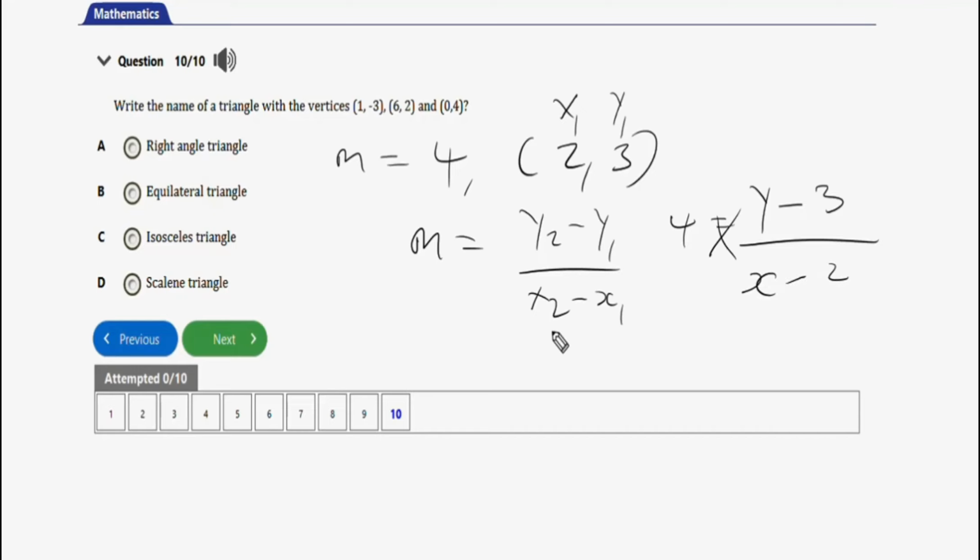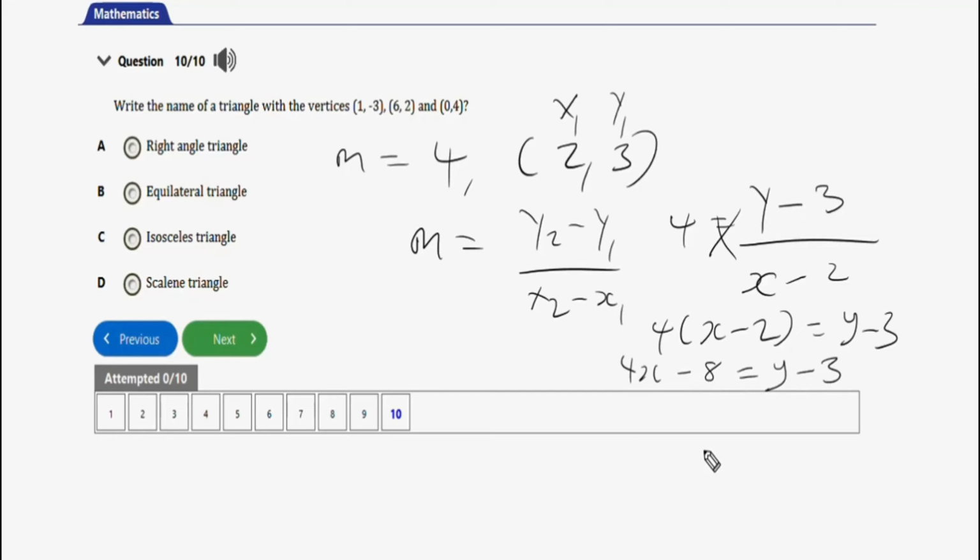So when you cross multiply, we're going to have 4 in bracket x minus 2 equals y minus 3. So when you break this down, you're going to have 4x minus 8 equals y minus 3.